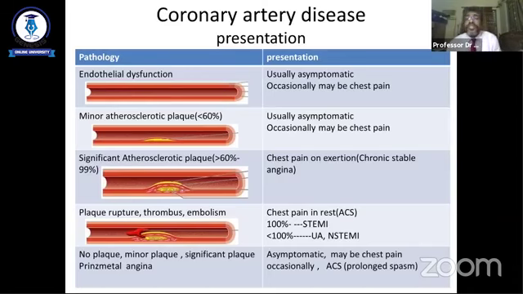So how can we differentiate clinically acute coronary syndrome from chronic stable angina?